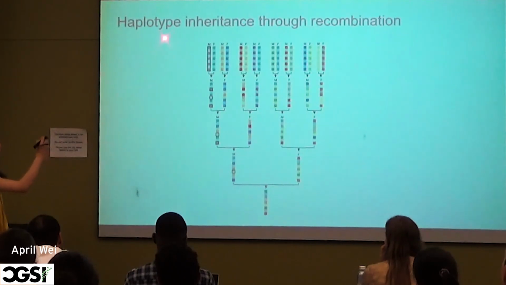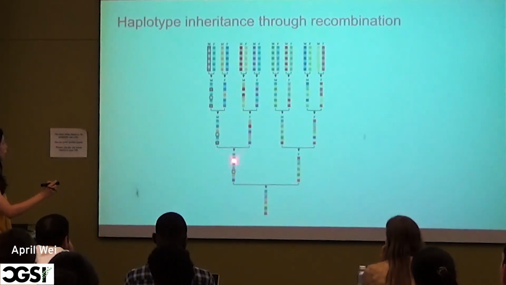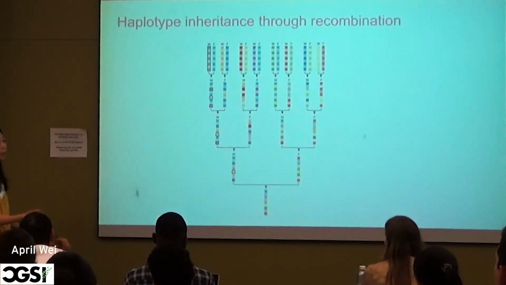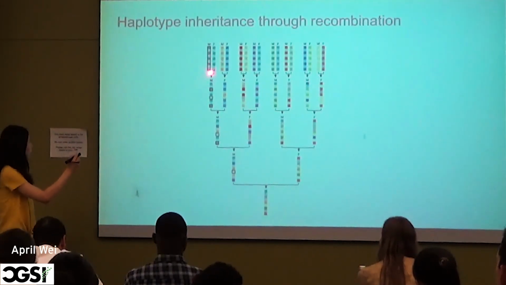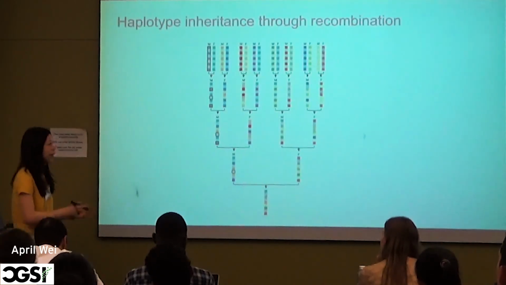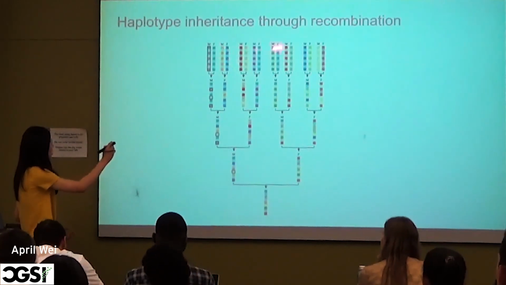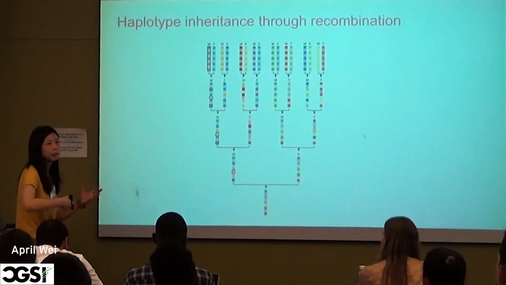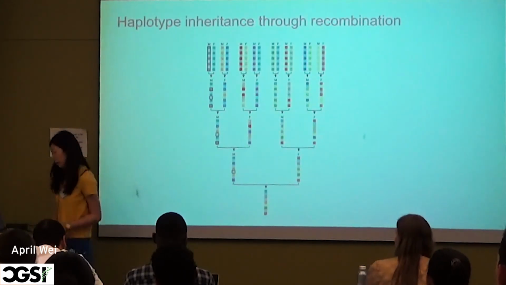If we trace backward generation after generation, this haplotype is formed by a recombination between two haplotypes, and this one is formed by recombination between two haplotypes. So if we think about a recombination event forming a haplotype, and tracing back generation after generation, we also have this tree structure above a particular haplotype.